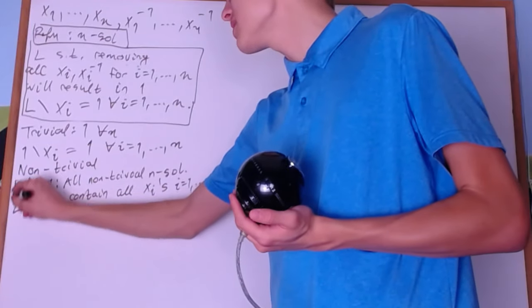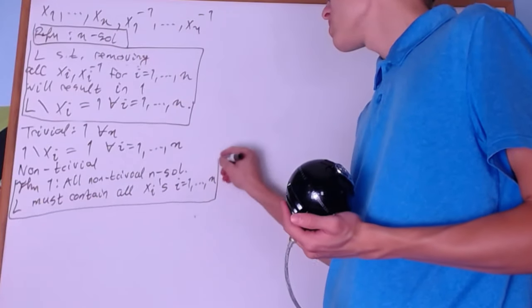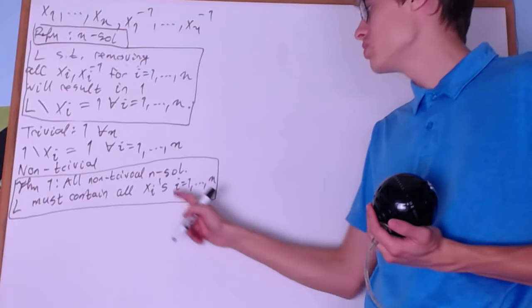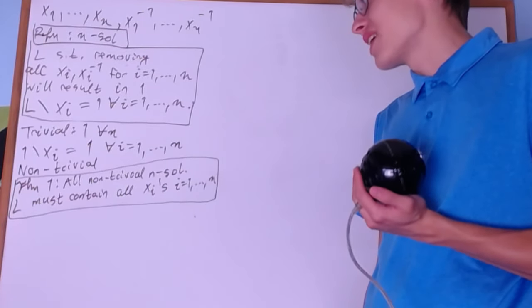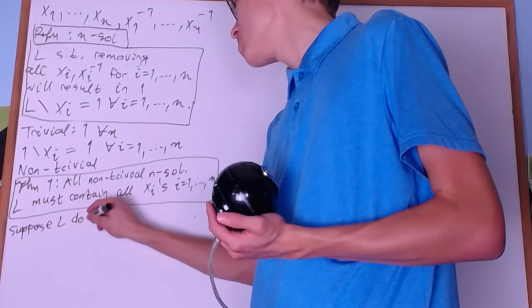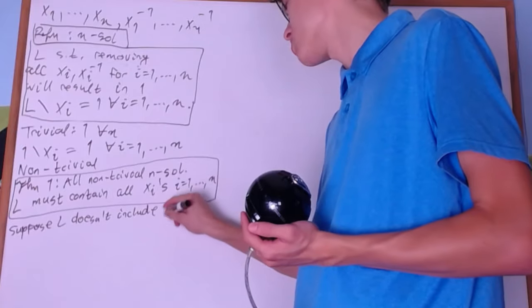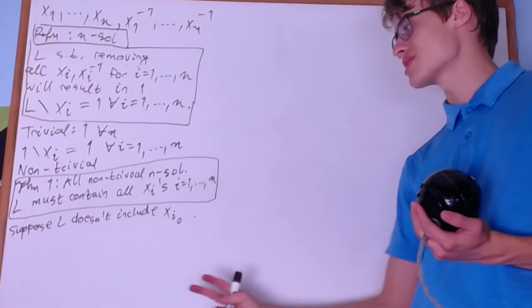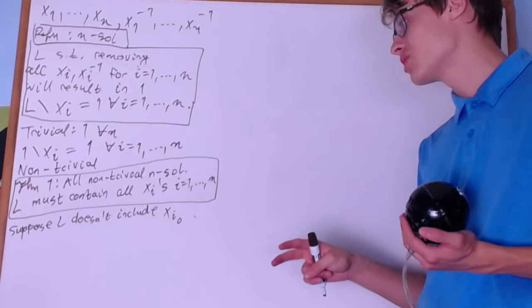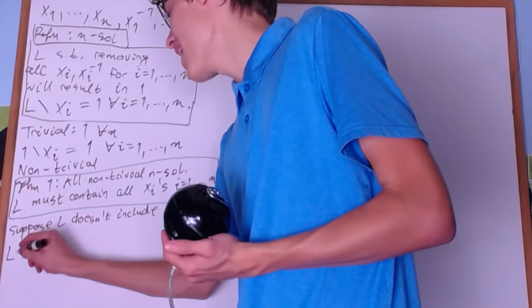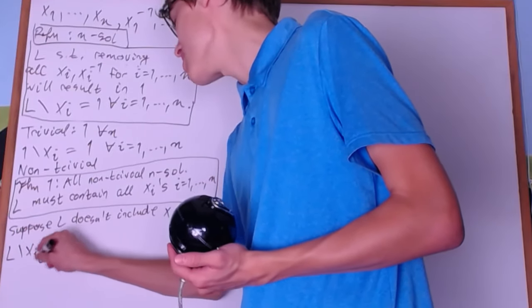Now, why is that? Let's suppose that we didn't include either an xi or an xi inverse. Suppose L doesn't include, let's call it xi naught. So i naught is the index for the variable it does not include in the formal product. Well, then let's look at L removing xi naught.